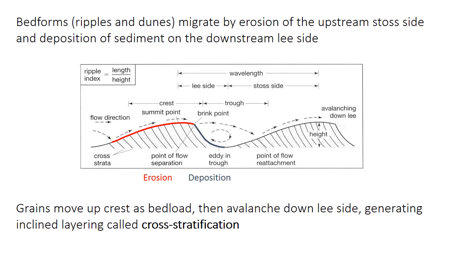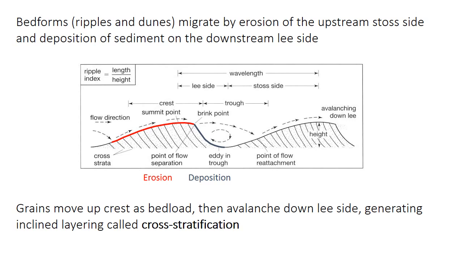So basically, in this sediment transport, the sediment grains slide or roll or bounce or otherwise move up the gentle stoss slope until they reach the top of the crest, labeled the brink point in this diagram here. Sediment will build up at that point until the crest gets too steep, and that oversteepened lee face collapses and the grains avalanche down into the trough.